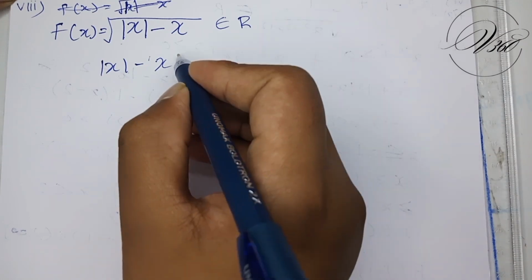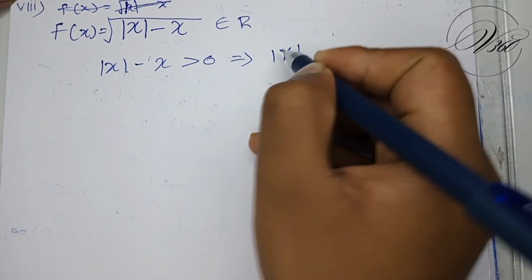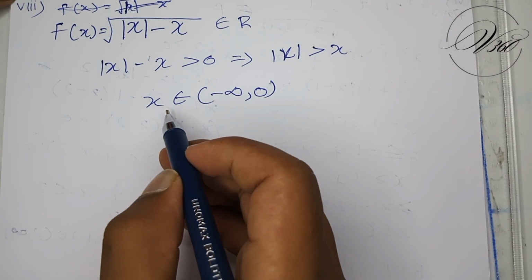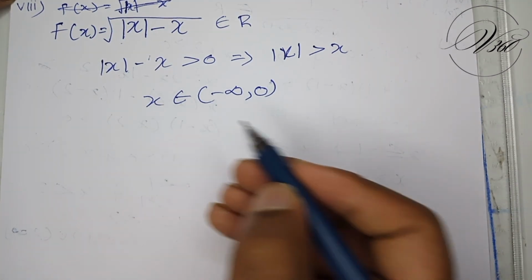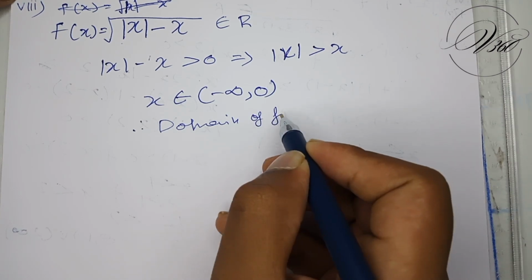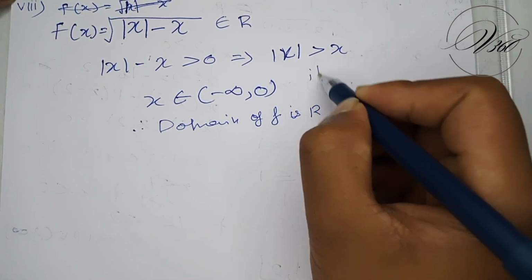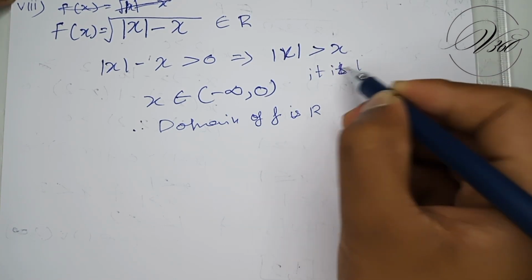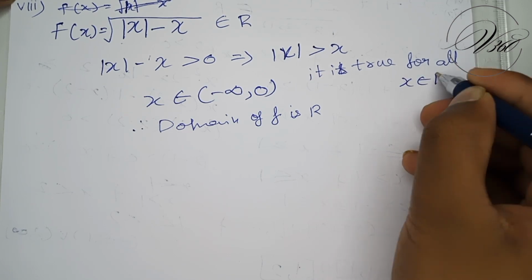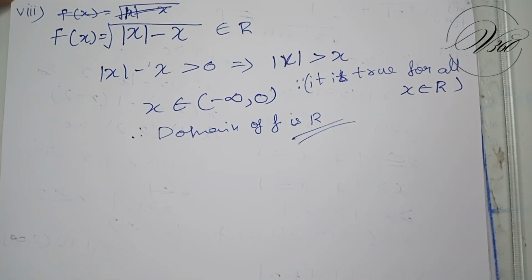As it is the same, we can write modulus x minus x is greater than 0, that is, modulus x is greater than x, and x belongs to minus infinity comma 0, as I have explained in the 7th question, and therefore the domain of f is R, as it is true for all x belongs to R. Now this is the answer for the 8th question.